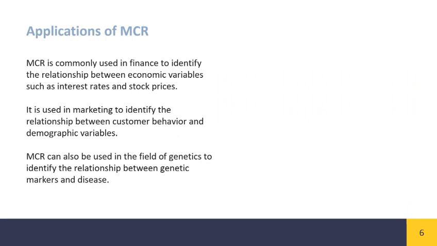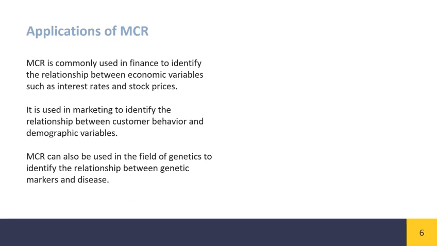And now we have some applications of maximal correlation regression. Maximal correlation regression is commonly used in finance to identify the relationship between economic variables such as interest rates and stock prices. It is used in marketing to identify the relationship between customer behavior and demographic variables. Maximal correlation regression can also be used in the field of genetics to identify the relationship between genetic markers and disease.